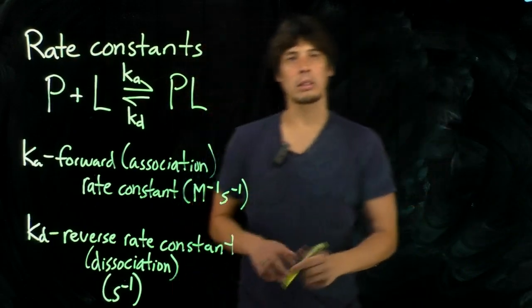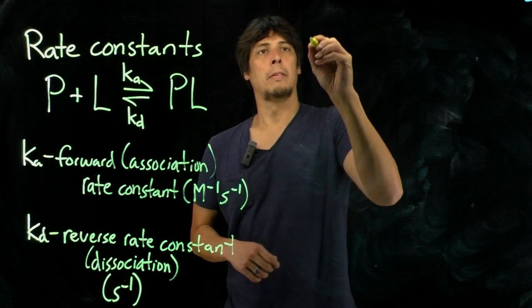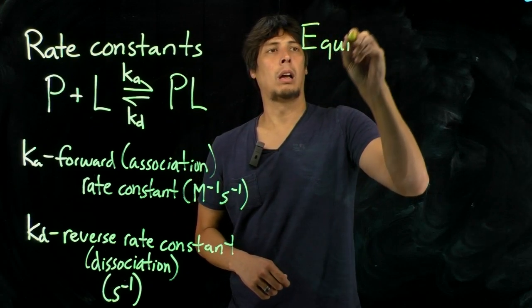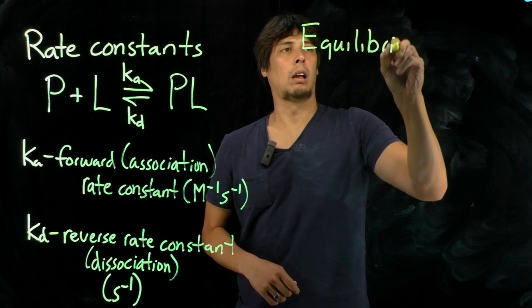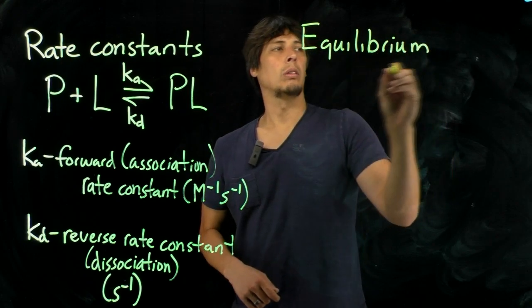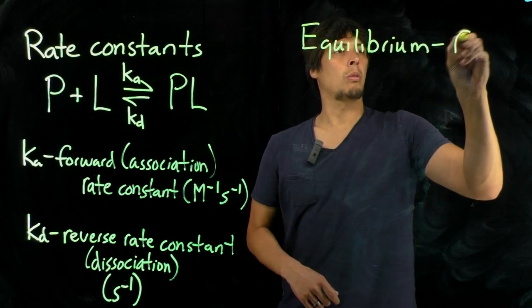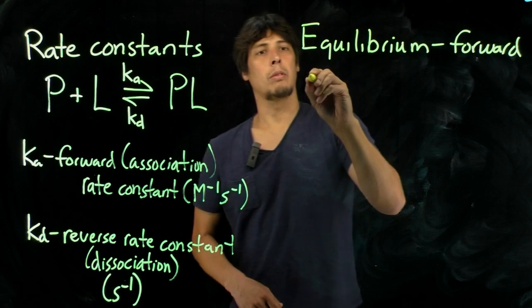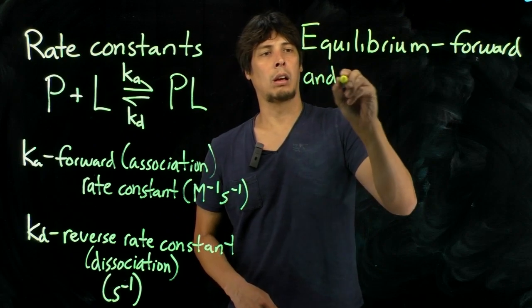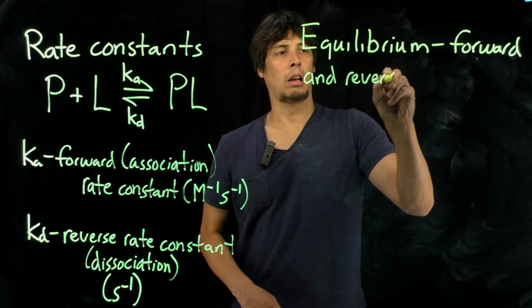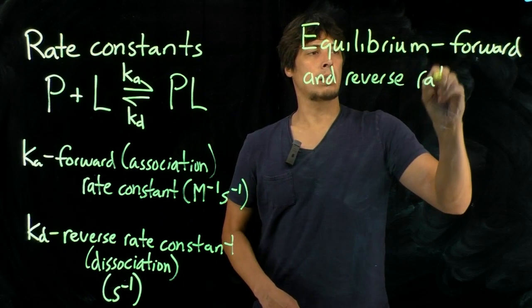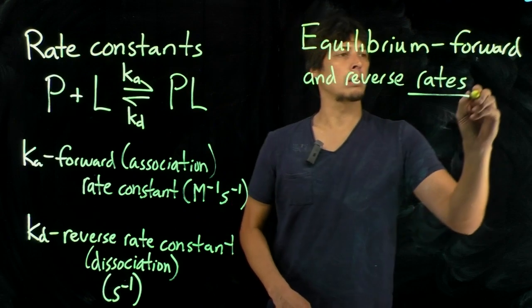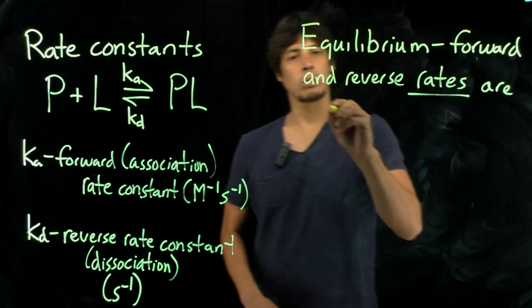What equilibrium means is that the forward and reverse rates, now note this is rates, not rate constants, are equal to each other.